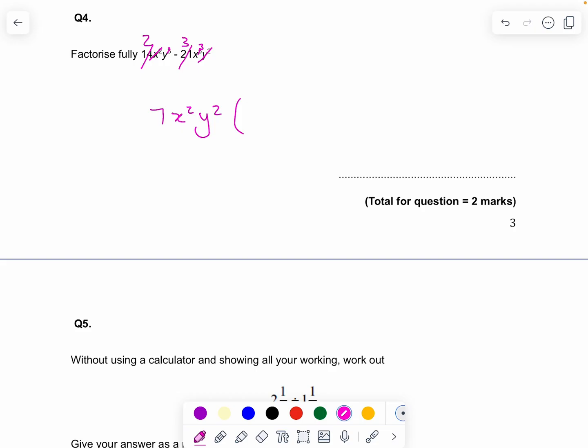I've got 2 and then y, 2y, take away 3x to the power of 3. So 3x to the power of 3. And then close the bracket. And that's it.